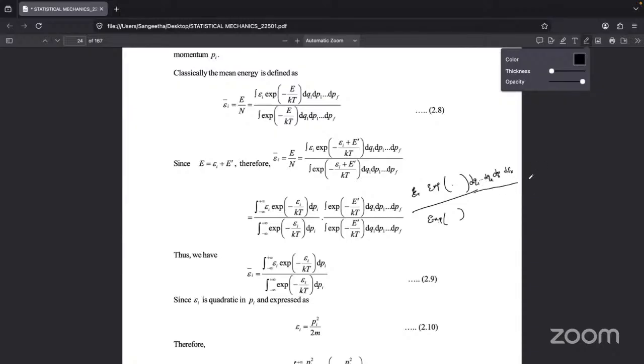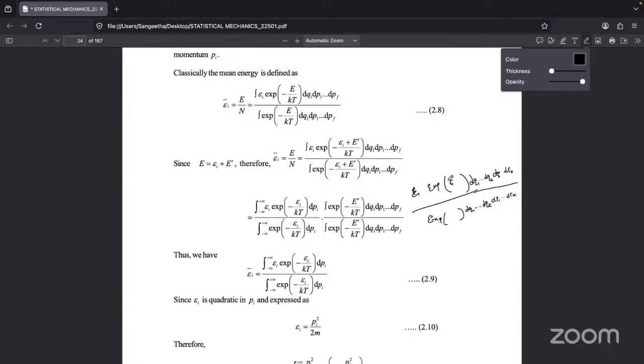The denominator is written the same way, dq1 to dqk, dp1 to dpk. I am using E in the numerator.